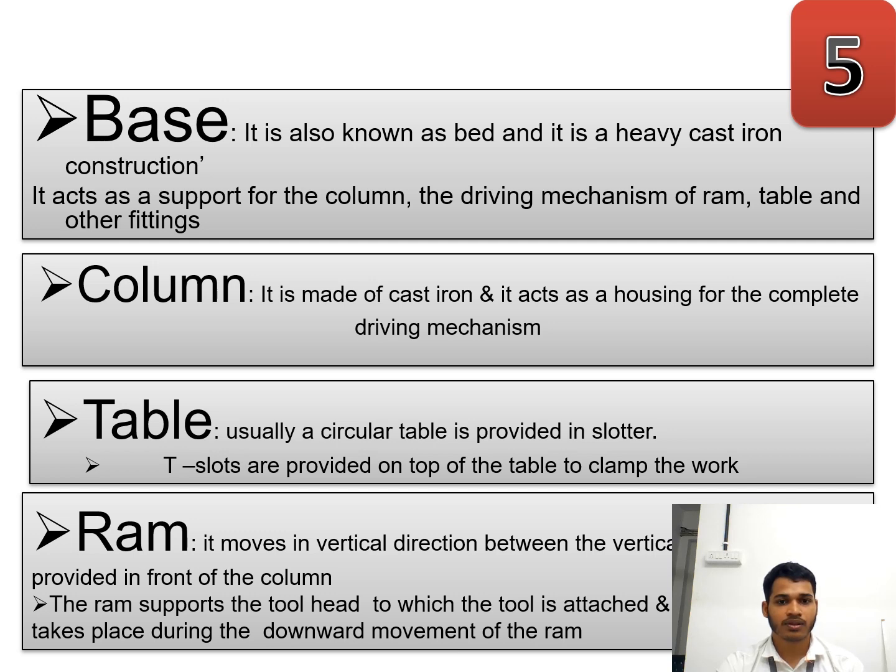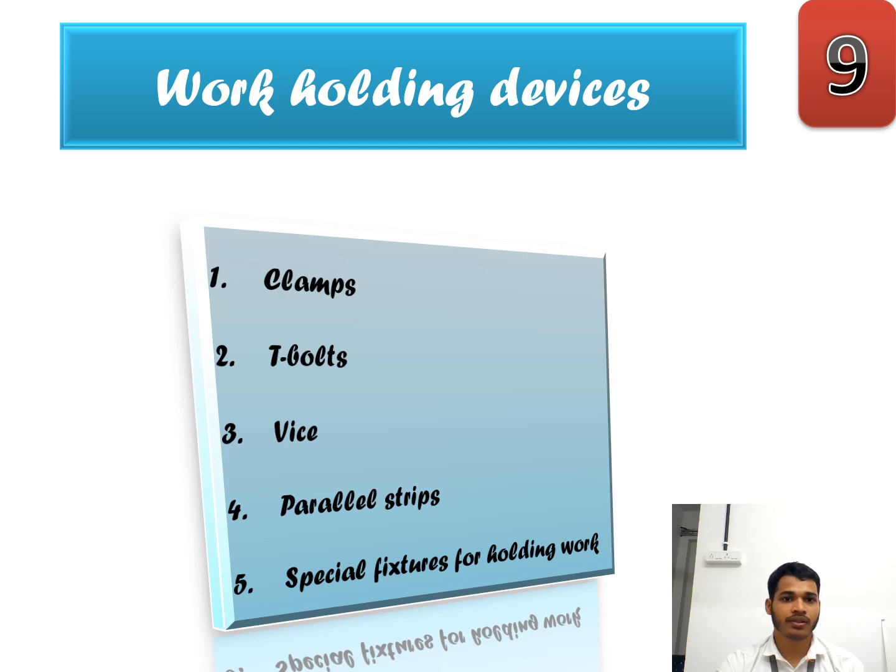Holding devices: clamps are generally used for holding the workpiece, and T-bolts for tightening the clamps and the vise. We use a bench vise or V block, and parallel strips and special fixtures for holding the work.